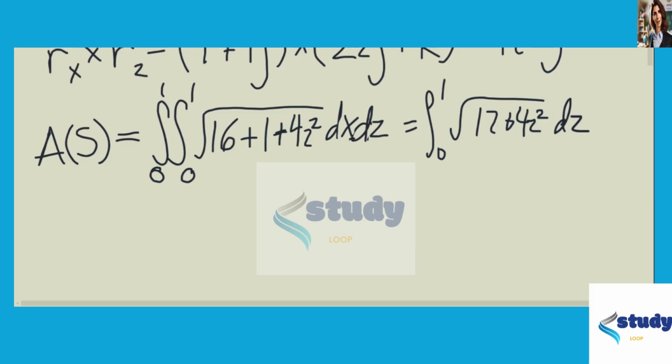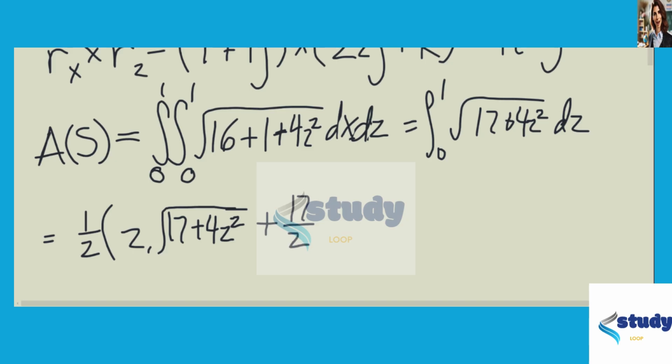Taking the antiderivative, we get 1/2 times z times the square root of 17 plus 4z squared plus 17 over 2 times the natural log of the absolute value of 2z plus the square root of 4z squared plus 17, evaluated from 0 to 1.